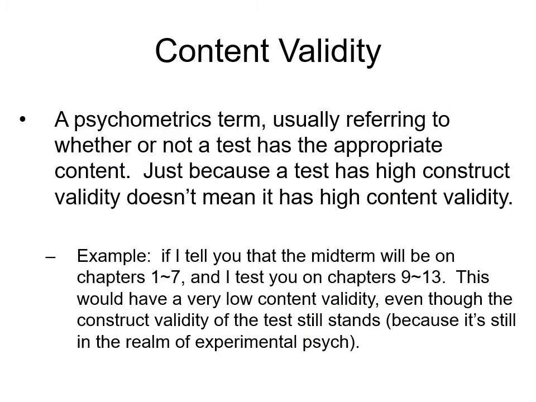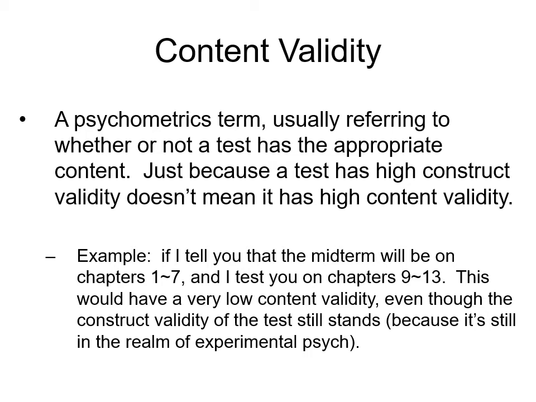Now, content validity. This is a psychometrics term. If you've taken psychometrics, you know what this is. This is referring to whether or not a test has the appropriate content. Content validity is really a part of a subdomain of construct validity. But just because a test has high construct validity doesn't mean that it has high content validity.